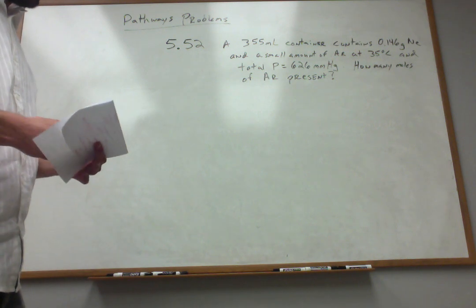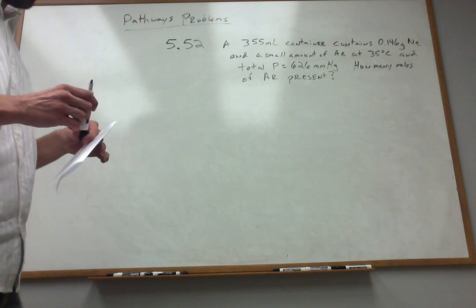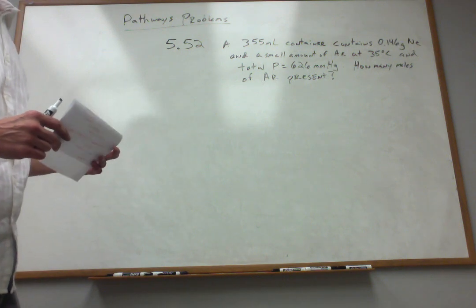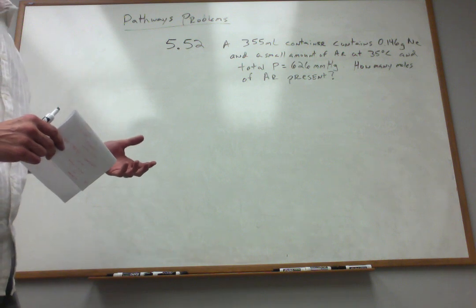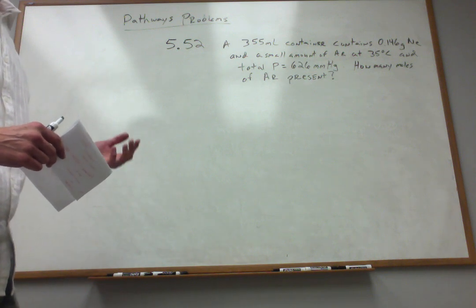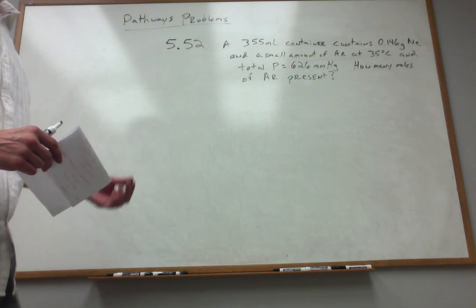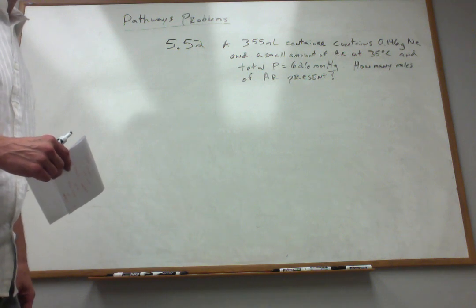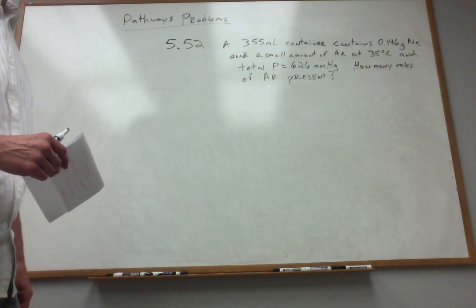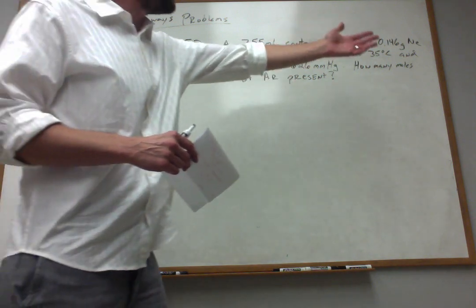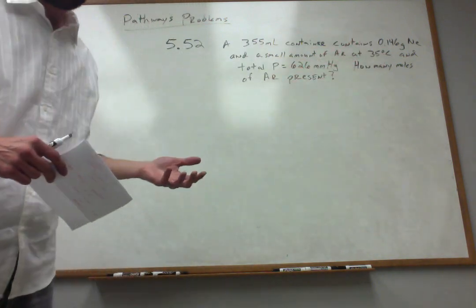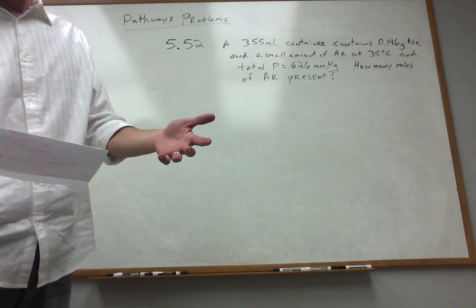Okay. Now the idea behind this problem is that the total pressure exerted by all gases in the sample is the sum of the partial pressures of the individual components. And another key idea to work this problem is that every gas, it doesn't matter if it's neon or argon, if it behaves as an ideal gas, it acts like an ideal gas.